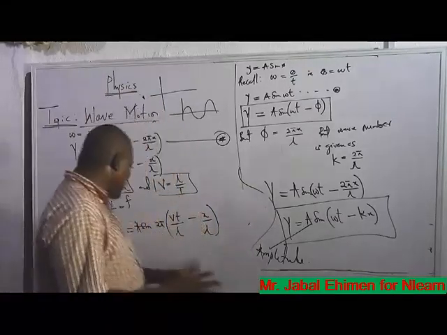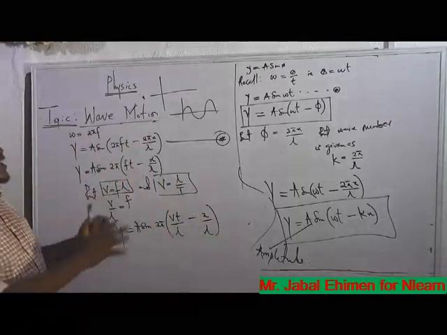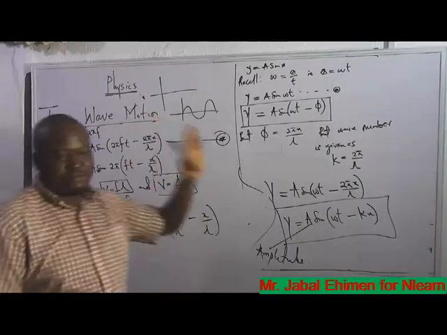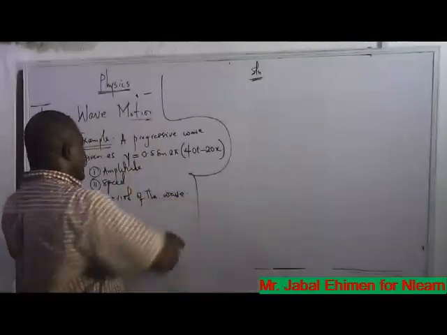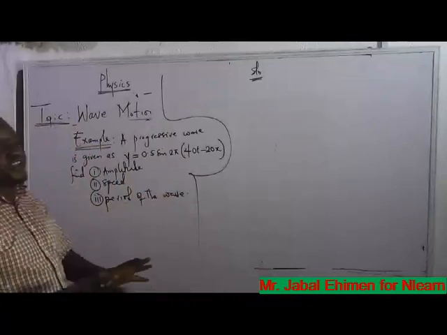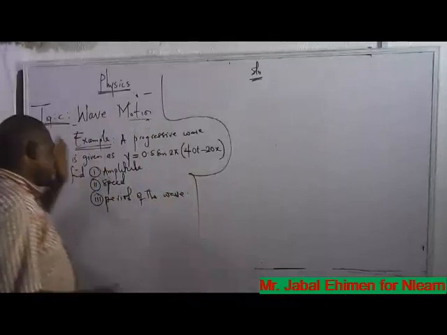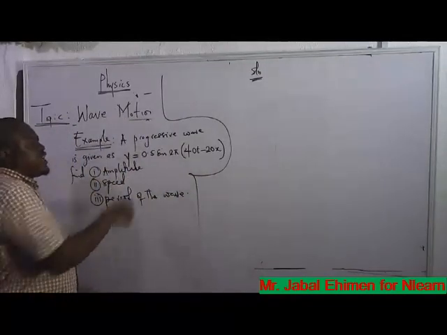And we're going to take a question on this whole setting, and you will see how interesting solving questions on the progressive wave equation is. Now, considering that we've seen the equation of a progressive wave, we'll take a question from there. It says a progressive wave is given as this.